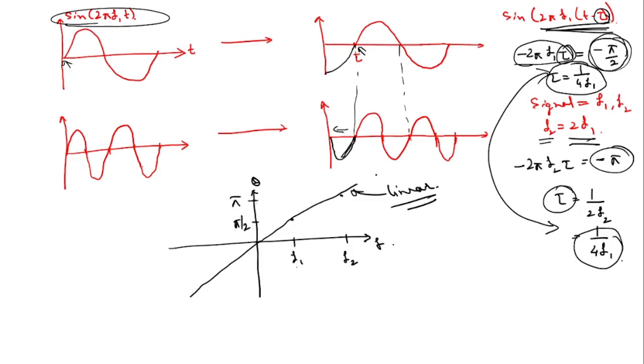It will be passing through 0. So if you plot a line, it is a linear function. Now are you able to understand what a linear phase filter is? A linear phase filter is when you vary the frequency, the phase or the delay in the frequency components varies linearly.